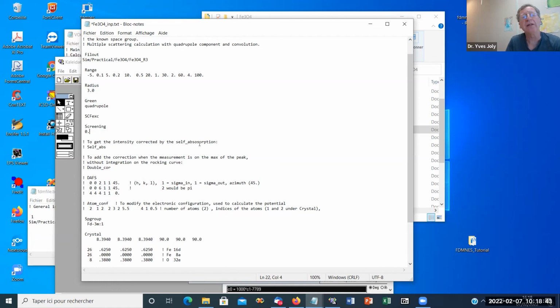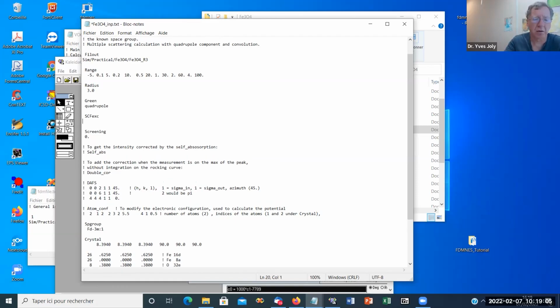So if you calculate the L23 edge of, I don't know, platinum or heavy elements, or 4d elements, or even 5d elements, you can prefer to make the calculation in the excited state and not in the ground state. The keyword to do that is excited. It's for the main calculation for the XANES. All these keywords are explained in the manual.